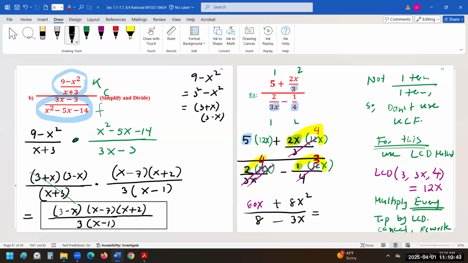They're definitely divisible by 2, right? And also by 4. So you can factor out a 4. And between x and x squared, which one can you factor? X. So you're left with 4 goes to 60, 15, plus 4 goes to 8 twice, so 2x, over 8 minus 3x. After factoring, you could not cancel anything, so leave it alone.